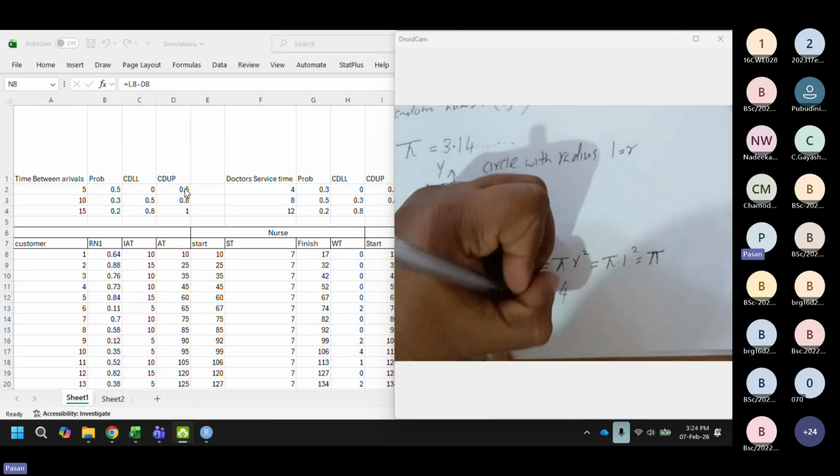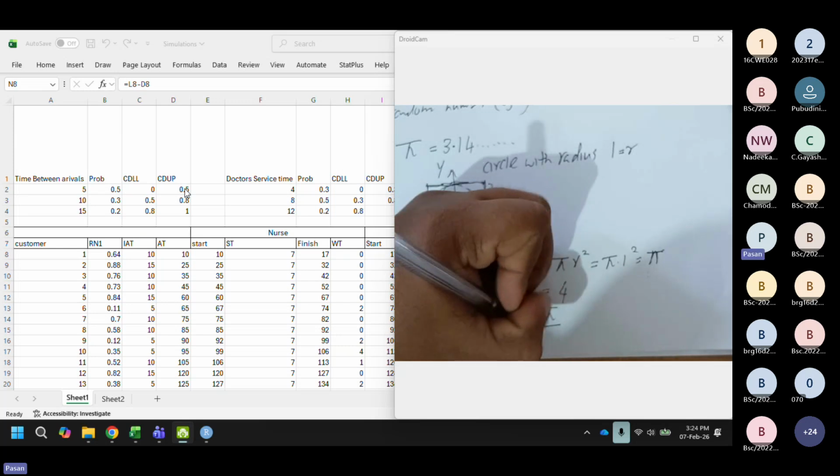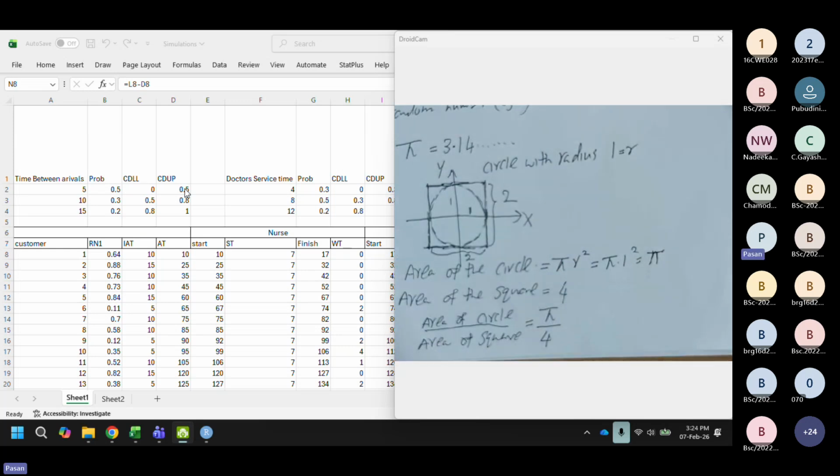That's going to be pi divided by 4. So if I take the ratio of these two, I'm getting a value of pi over 4.